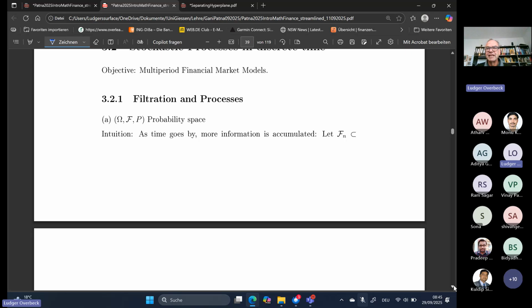Okay, so I will go through this. Probability space means you have omega, the set of elementary events, F, a set of events which are subsets of omega, and P, which assigns probability to elements of F, meaning to events.